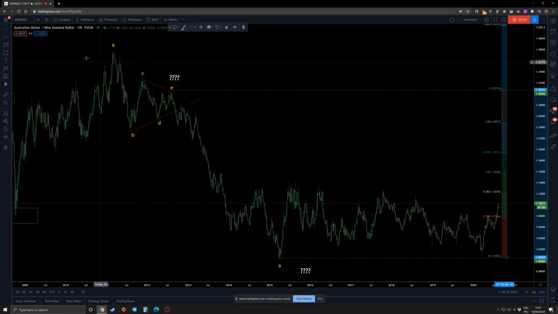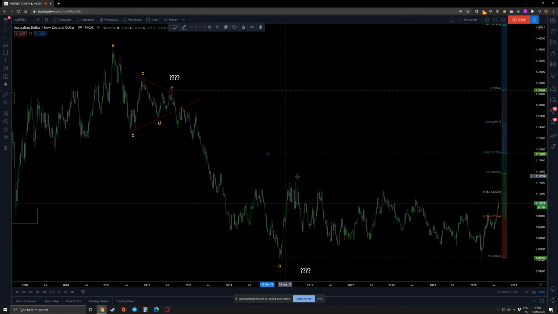For me, the key level is 0.618, and as you can see, we are nowhere near the 0.618 so far. So if I have a wave A here, and whatever this move is a B wave so far, and we didn't see any retracement yet, then I can say maybe I am in a zigzag.